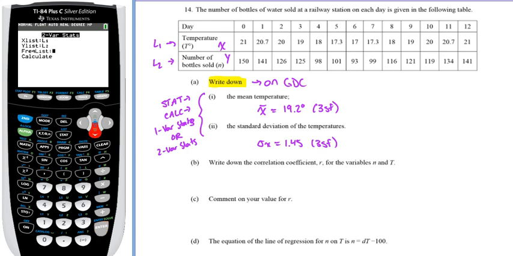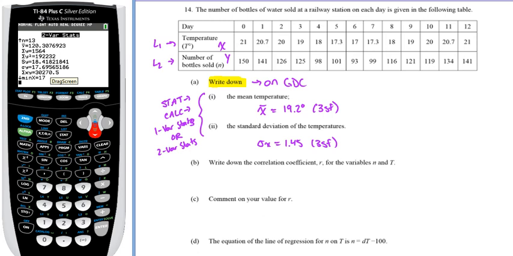We have to leave that blank, otherwise we'll get incorrect results. So then if we go to calculate, it's going to give us all the same information for the X's, 19.2 and 1.45. The only difference is it also gives us the mean and the standard deviation for the Y.